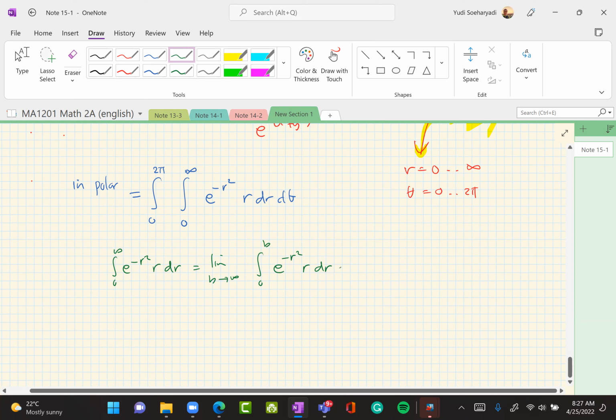Okay, then you get negative 1/2 e to the negative r squared. So this limit: negative 1/2 e to the negative b squared minus the value at 0, which is 1.